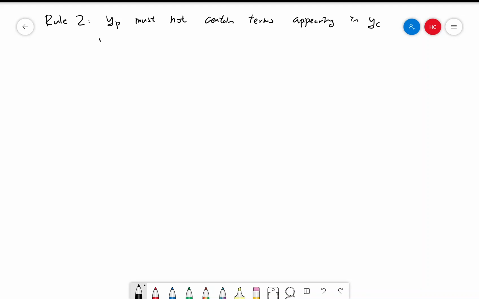If this happens, if it does contain them, then we need to multiply the original guess by a power of x so that it does not contain them.